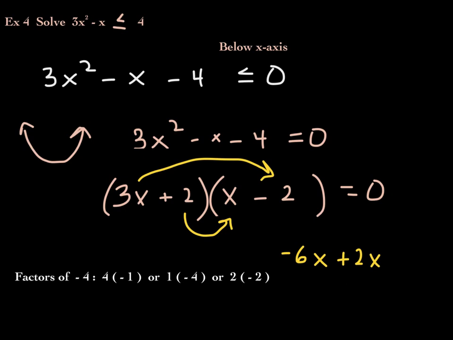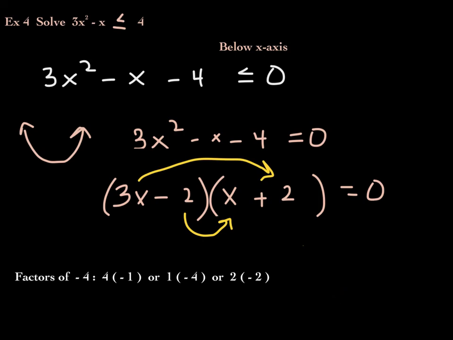which is not what you wanted. You didn't want -4x, you wanted -1x. Now, even if you change the signs on these, maybe this needs to be minus and this one needs to be plus. Okay, let's try that out. What would your product be?